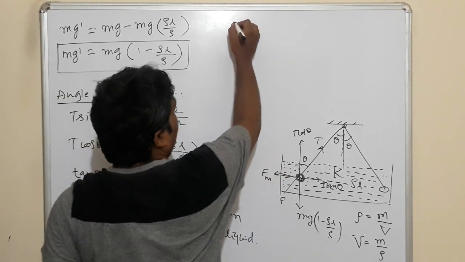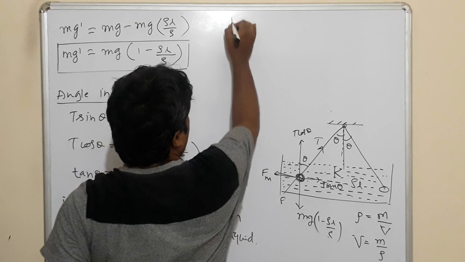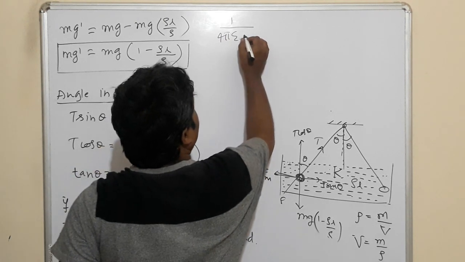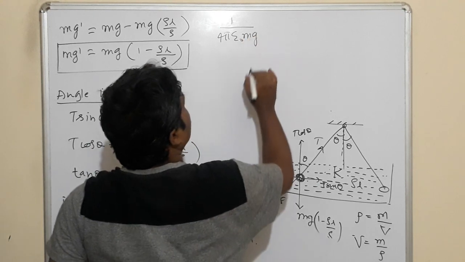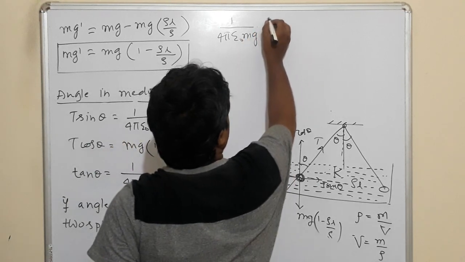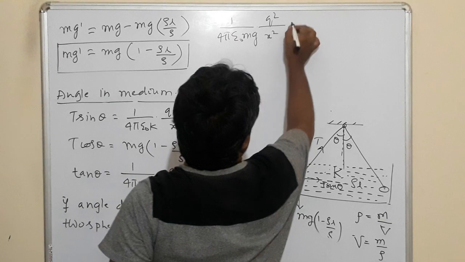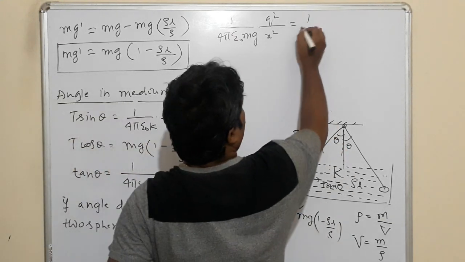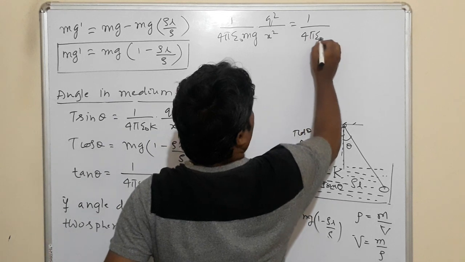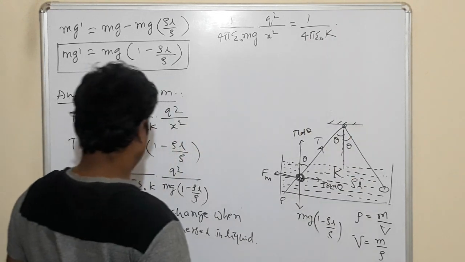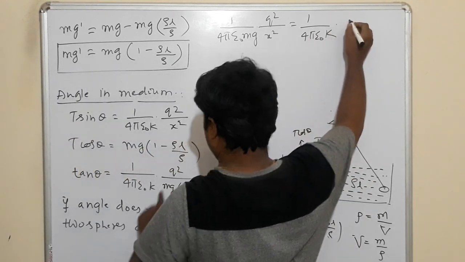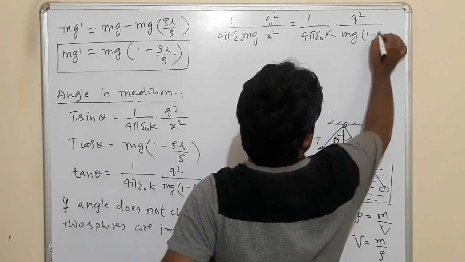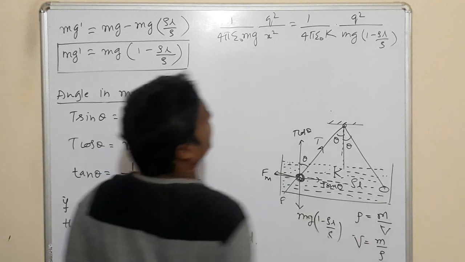What is that angle? Earlier, tan theta is equal to 1 by 4 pi epsilon naught q square by mg x square. What is the angle in the medium? 1 by 4 pi epsilon naught k, then q square divided by mg into 1 minus rho L by rho.